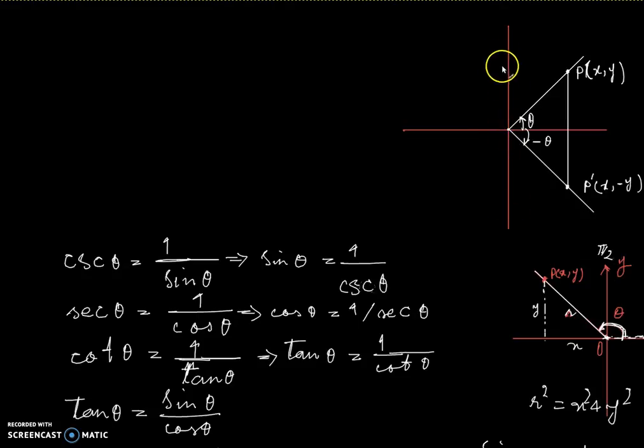So this is minus y, this is y. And you know that sine theta here is y divided by r, and this is r. So sine theta is equal to y divided by r, and sine minus theta here is minus y divided by r.